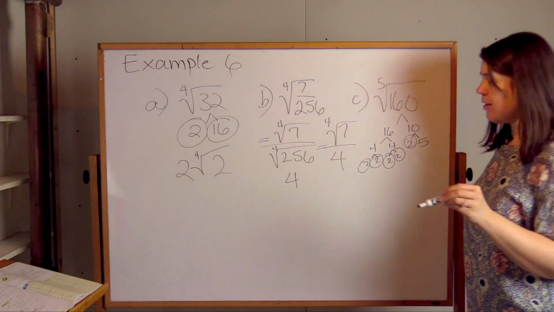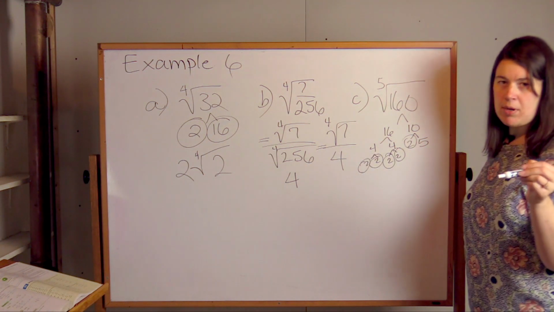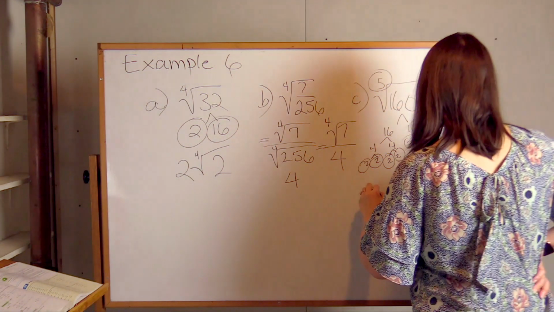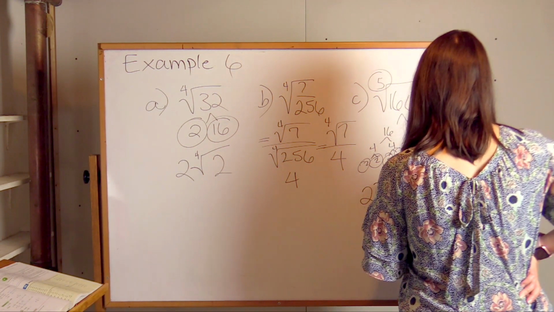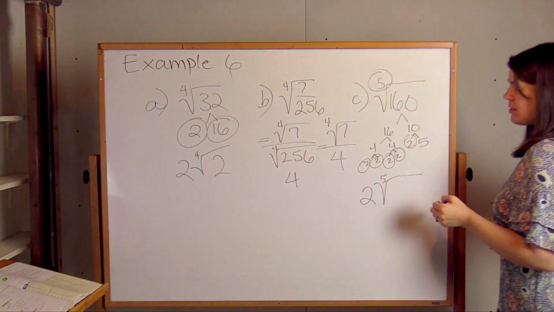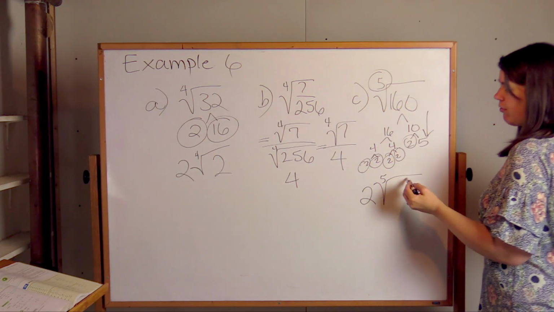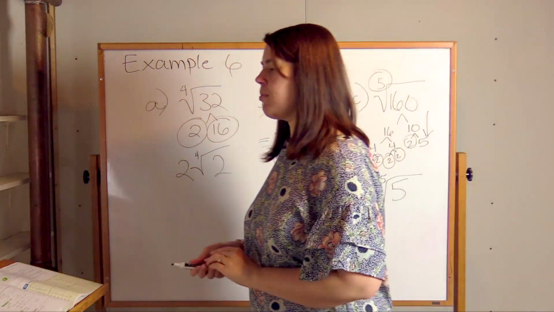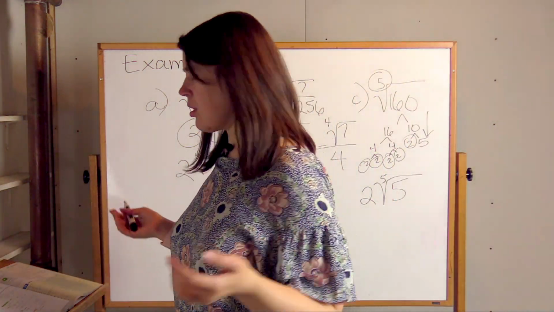So what does that mean? If I have 5 of the same number, I can pull it out. So I'm going to pull out a 2. I have the fifth root radical symbol. What ended up being left behind? This lonely little 5. And that's your final answer. Okay, so go ahead and do practice problems B and C on your own, and we're done with this video.